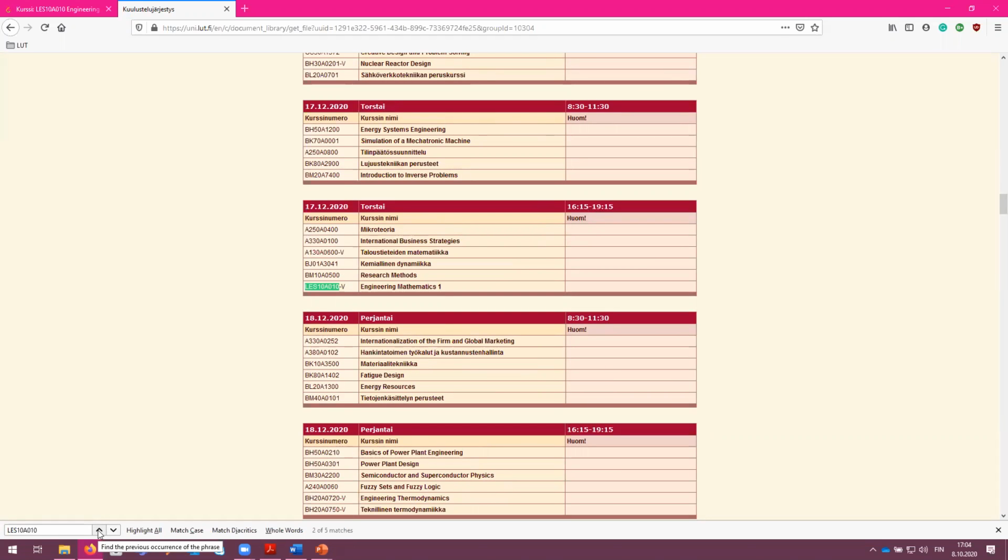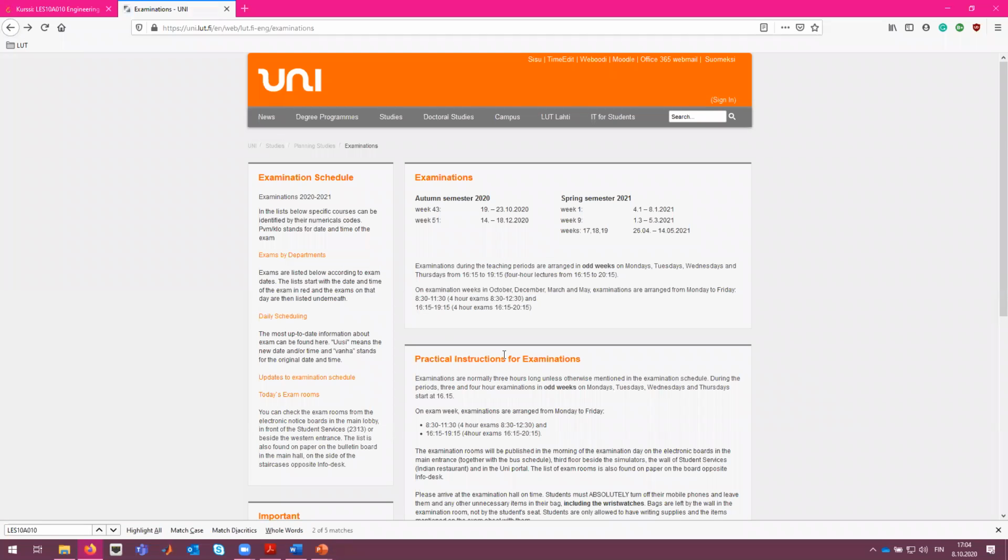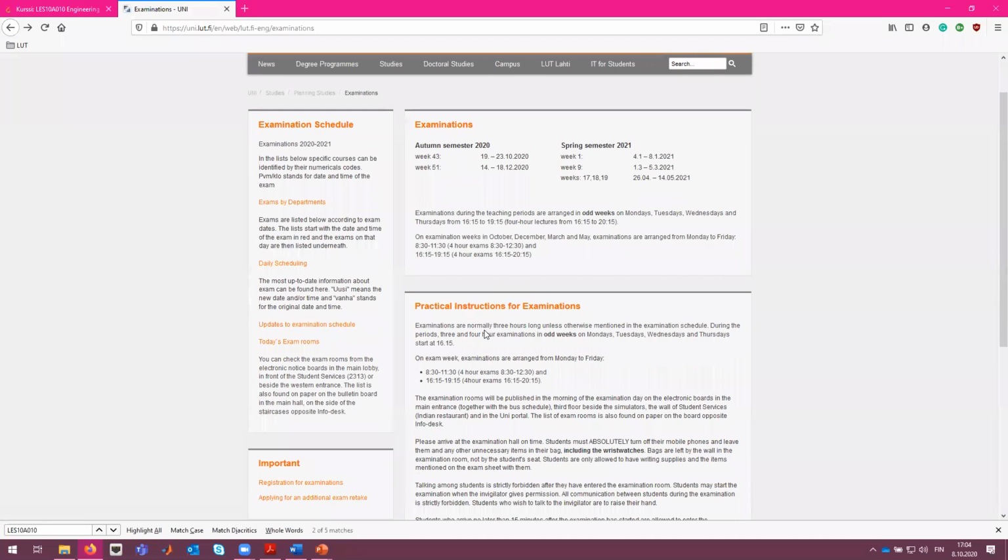It used to be in Oodi, and do note that you usually need to register for the exams. Does it say, practical instructions, normally 3 hours unless otherwise mentioned, arranged on those times. Examination rooms will be published in the morning of the examination day, so there should be those information boards that tell which exam is in which room.